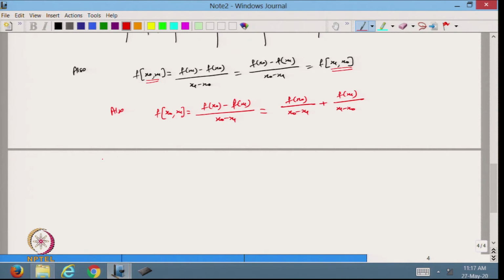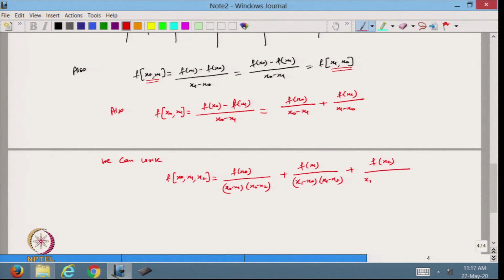Now from here we can write f[x0, x1, x2] directly. First I will write f(x0) divided by (x0 minus x1) and (x0 minus x2), plus f(x1) divided by (x1 minus x0) and (x1 minus x2), and in the last one it will be f(x2) divided by (x2 minus x0) and (x2 minus x1).